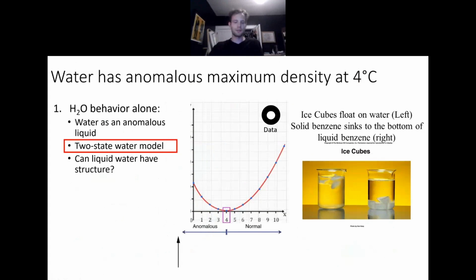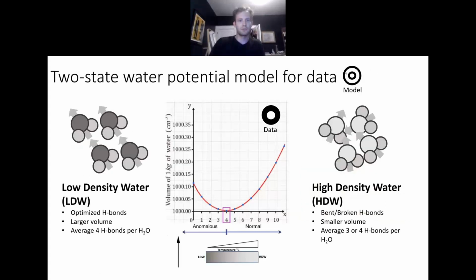And in trying to understand and explain that, I came across this model called the two-state water model. The two-state water model is not necessarily true, but it's now common and gaining some traction in explaining the anomalous behaviors of water through this lens where water is composed of two different states that simultaneously exist in the liquid.